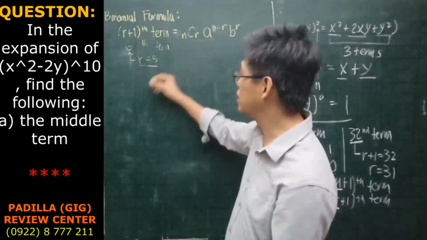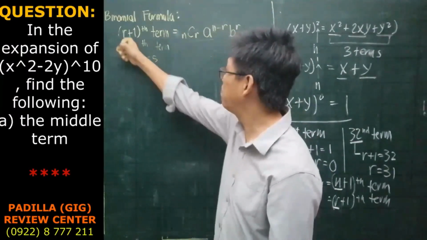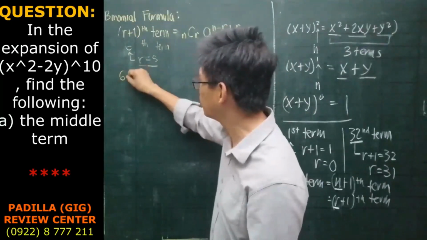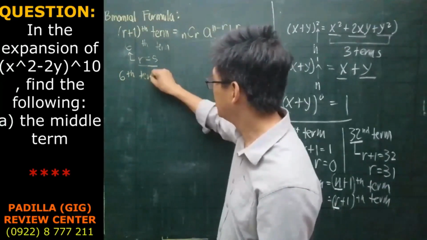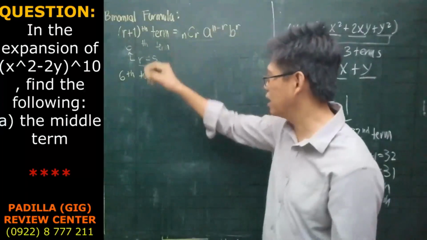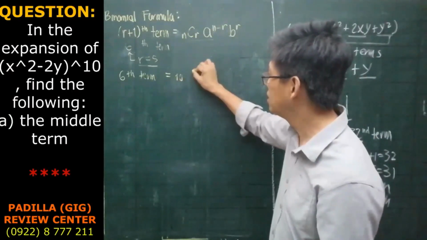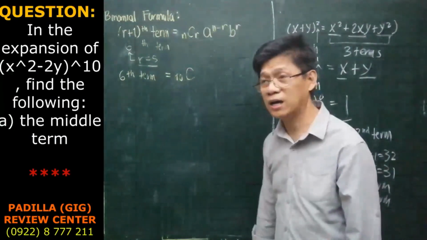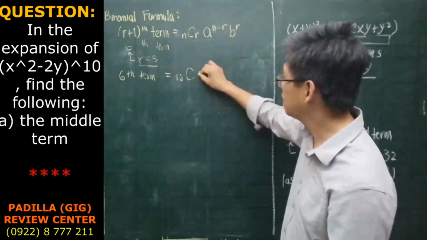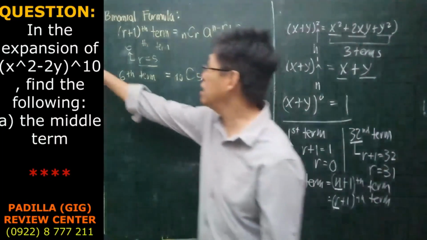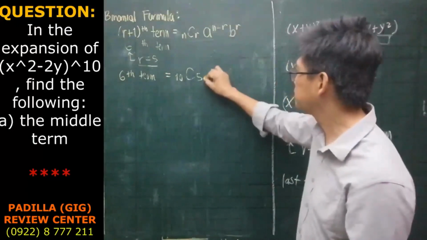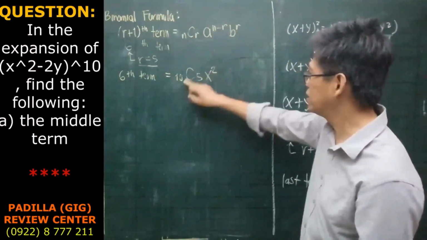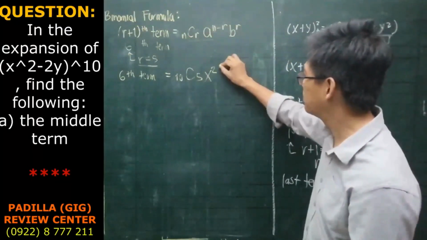All we need to do is substitute. So, 5 plus 1, the sixth term, the middle term, is going to be nCr, where n is 10 and r is 5. A is x squared raised to n minus r, 10 minus 5.